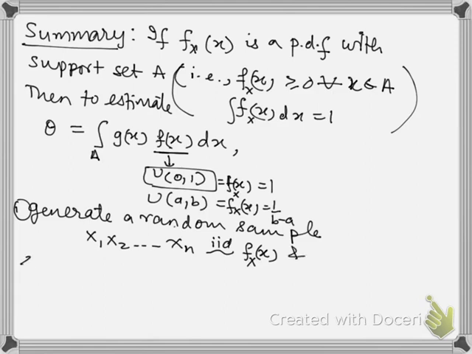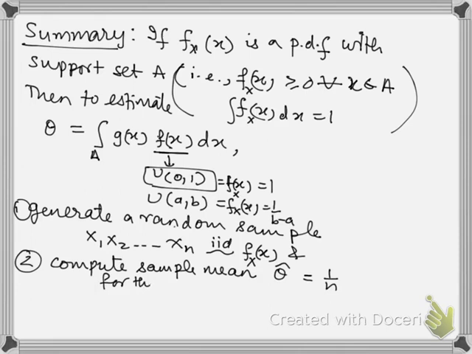And second step, compute the sample mean theta hat for the function g. So 1 over n sum of g(xi). So that's your theta hat.